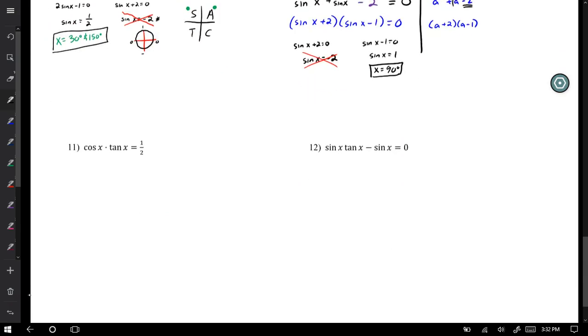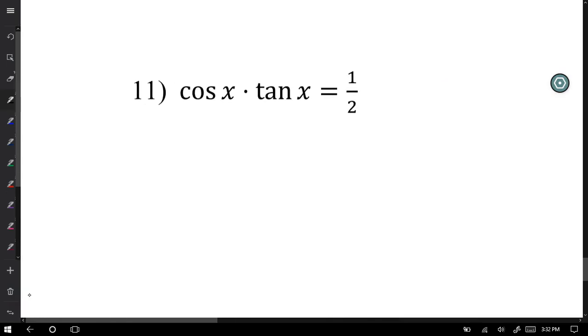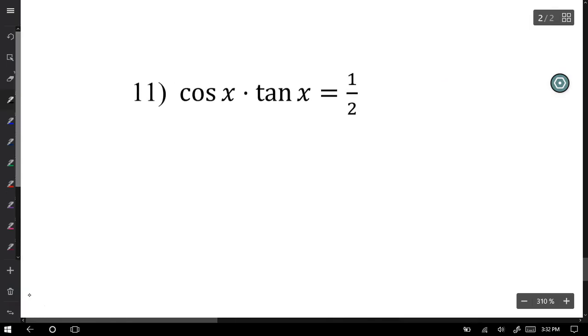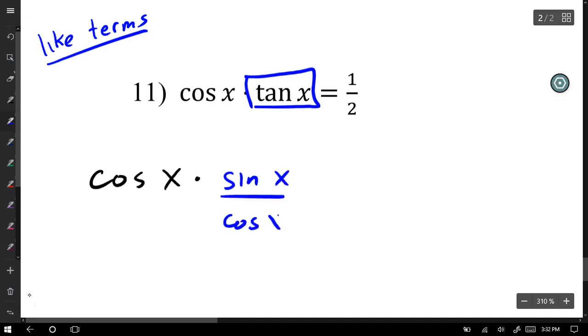Let's look at number 11. What do I see about number 11? I have a cosine and a tangent. Well, it's just like number 10. I can't do any factoring here, so I'm going to need like terms. So what I'm going to do is change tangent of x into sine of x over cosine of x.